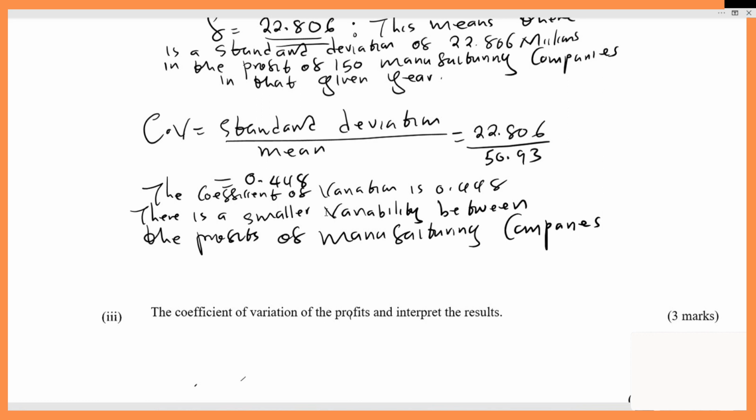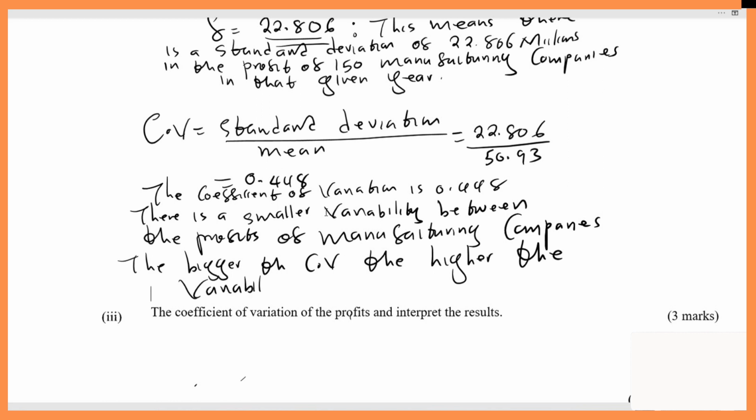The bigger the coefficient of variation, the higher the variability. So that's how you are supposed to find the coefficient of variation, and that's how you get the 15 marks in this question. We are going to stop there, and we meet in our next video. Thank you.